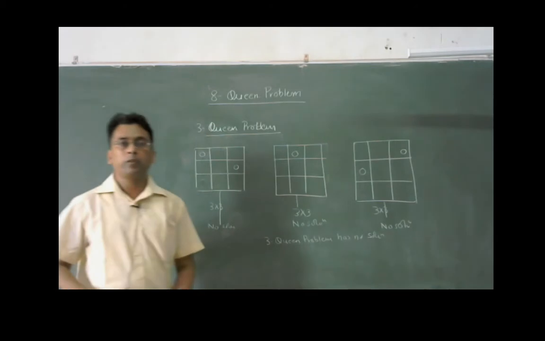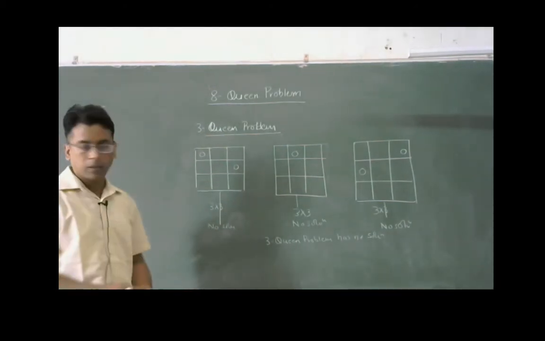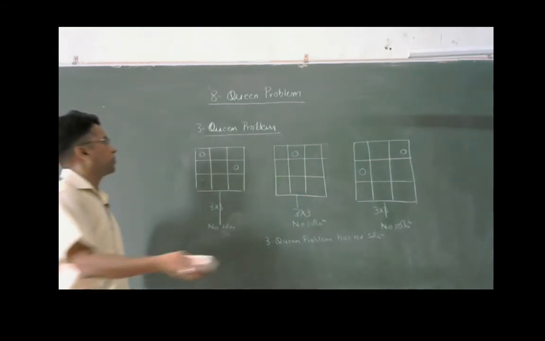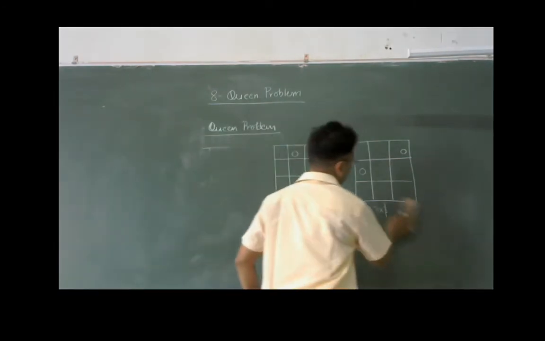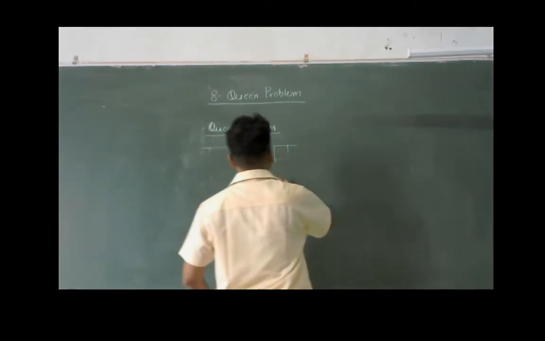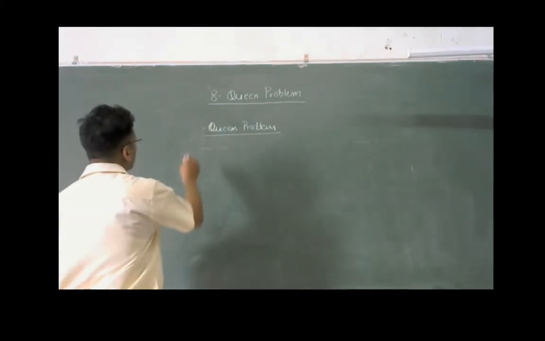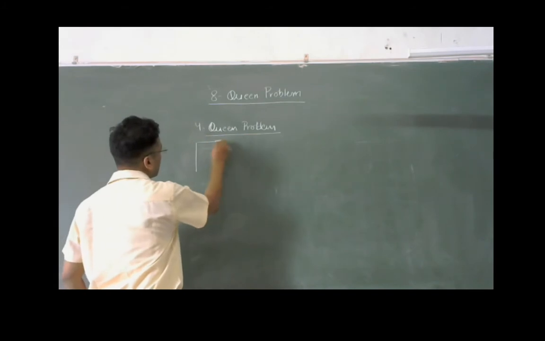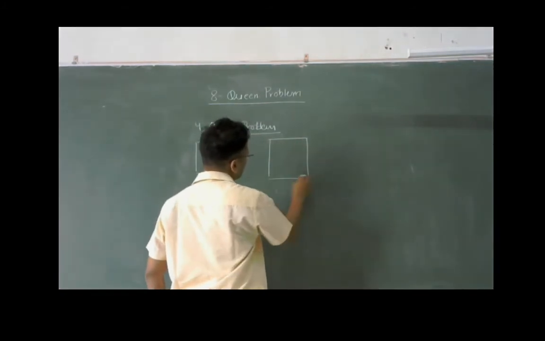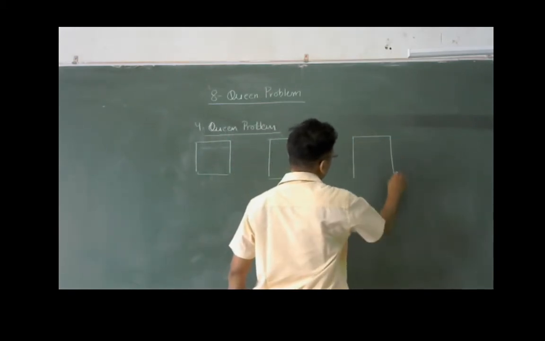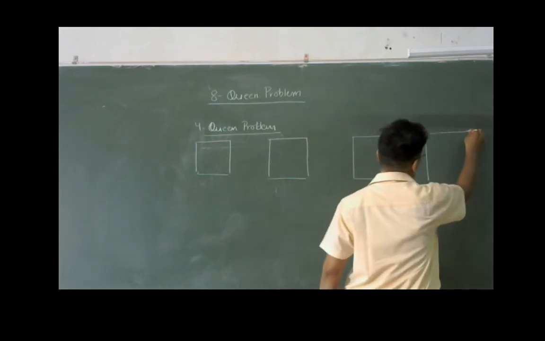Okay. Now we move toward the 4 queen problem. I am drawing the blocks of a smaller size to get more options. Here there will be 4 boards, right?